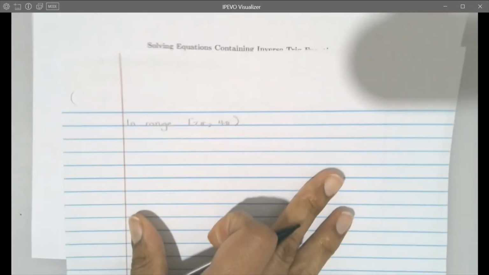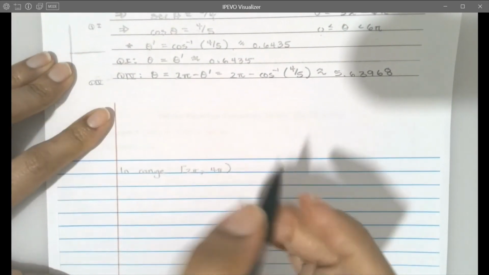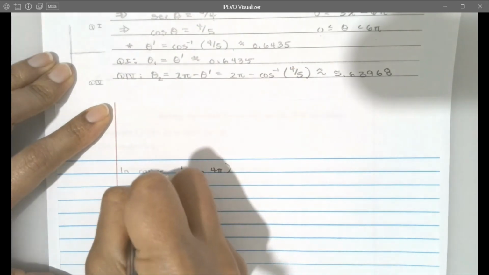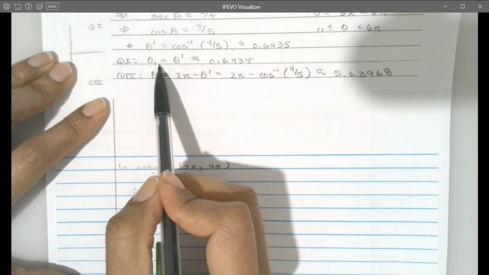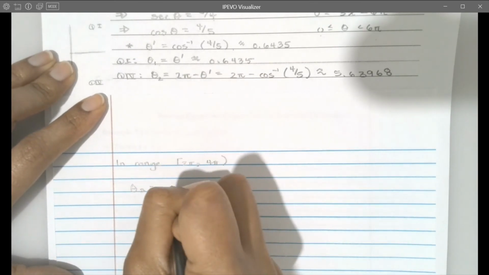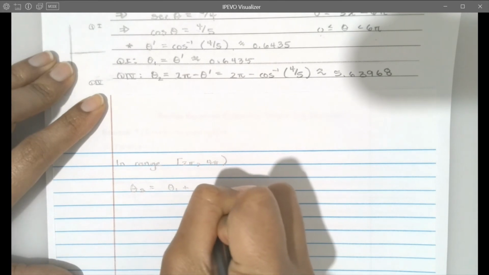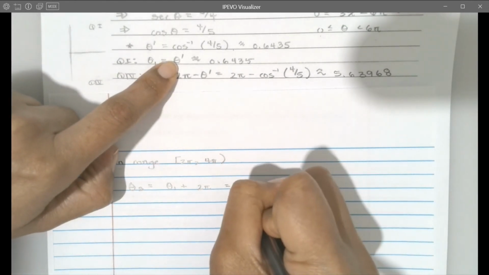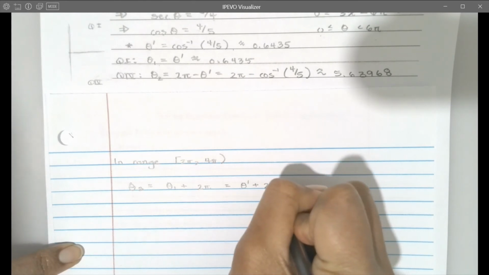So we are going to get the first angle, and I'll start labeling these so that we can keep track of them. This was the first one, this is the second. The third is just going to be coterminal to the first. So it's going to be theta 1 plus 2 pi. And theta 1 was simply the reference angle, so it'll be the reference angle theta prime plus 2 pi.